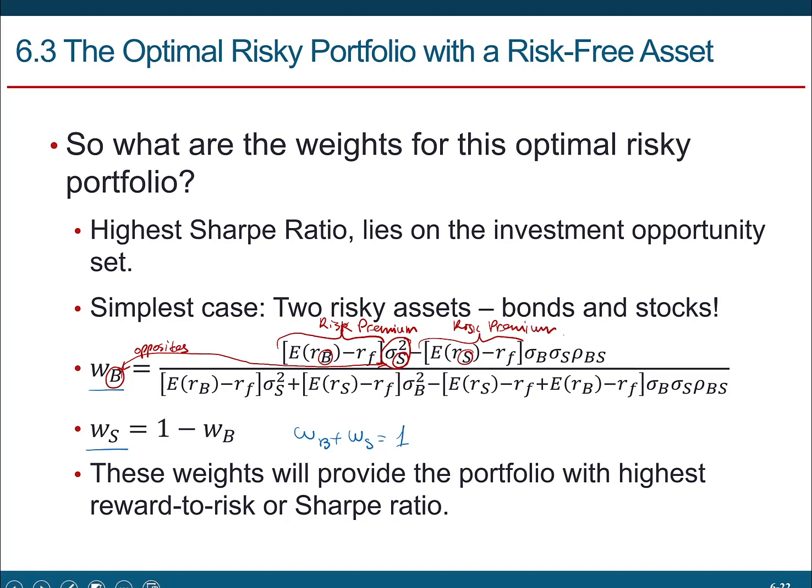So you multiply the risk premium for bonds by the variance for stocks, and the next term is the risk premium for stocks multiplied by the covariance. Remember that this term is the covariance of RB and RS. Covariance and correlation always show up on the CFA exam. They always show up on pretty much the vast majority of the financial exams because this is the basic stuff. So that's how I remember that.